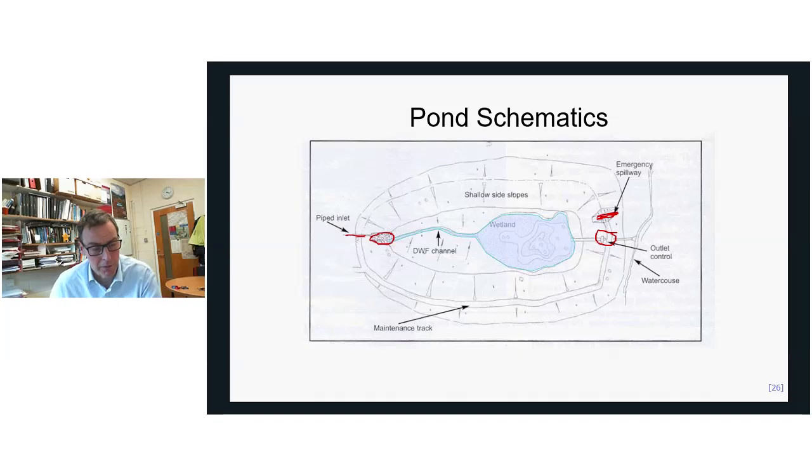So you have to be careful. Some urban drainage ponds can become so big that they technically are considered to be reservoirs, and you have to be quite careful about how they're designed and considering the impact of failure.